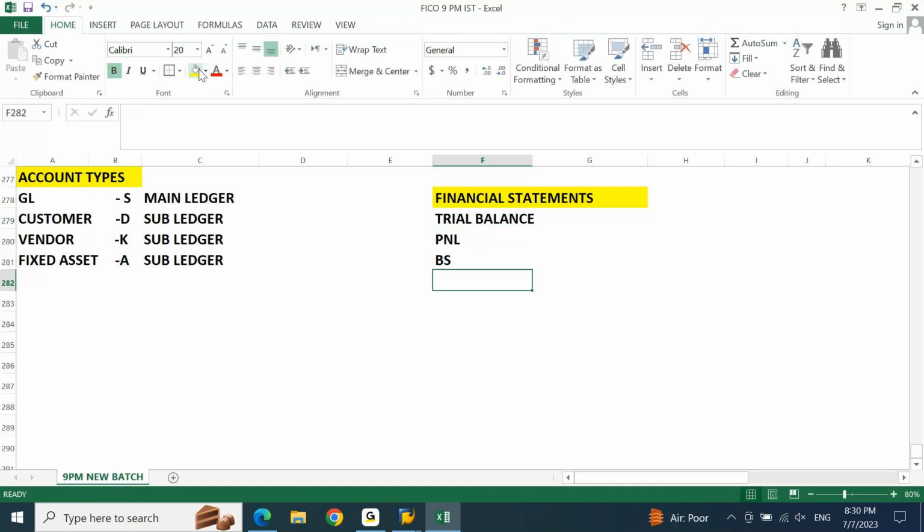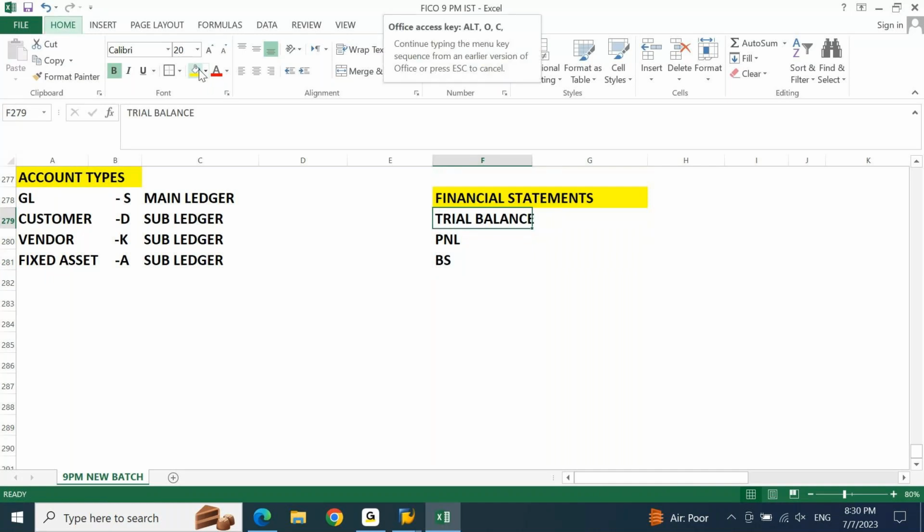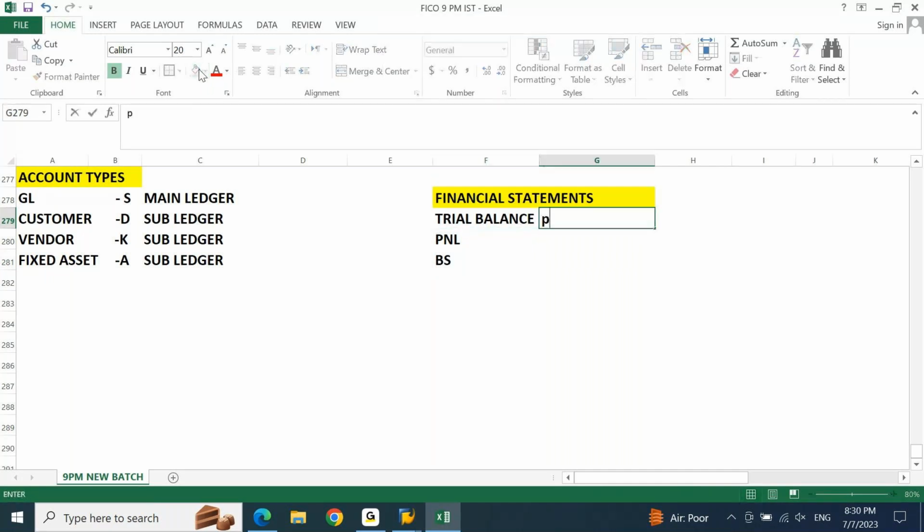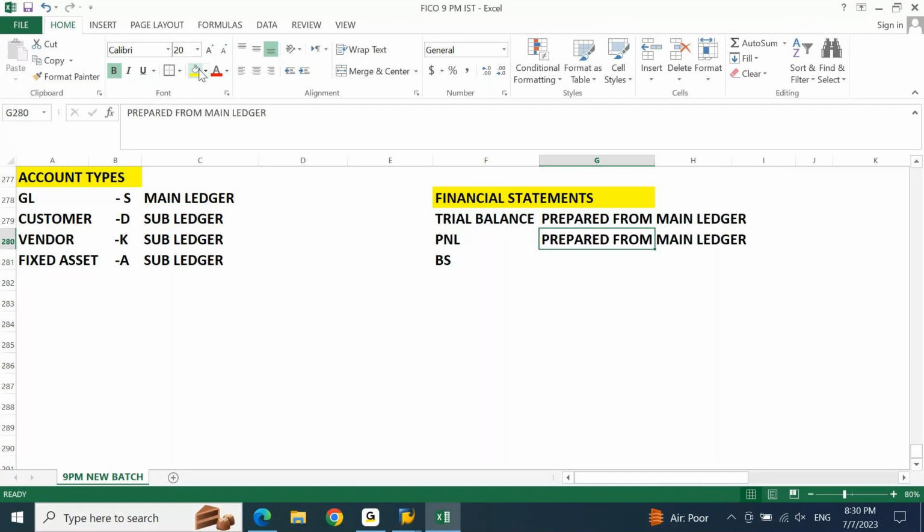Now, whenever you're talking about trial balance, P&L, balance sheet, your trial balance is prepared from main ledger, P&L is prepared from main ledger, balance sheet is also prepared from main ledger.